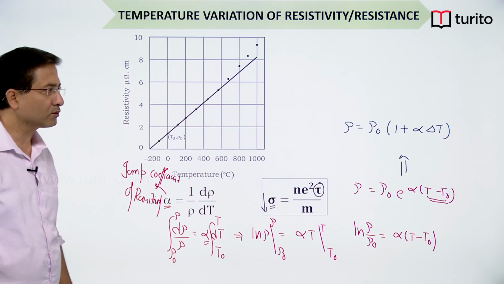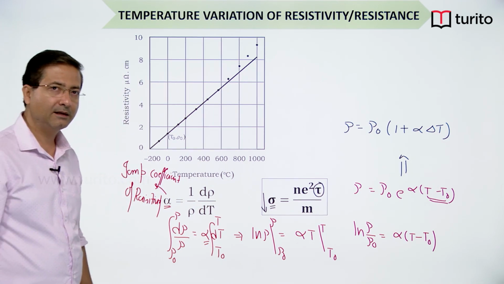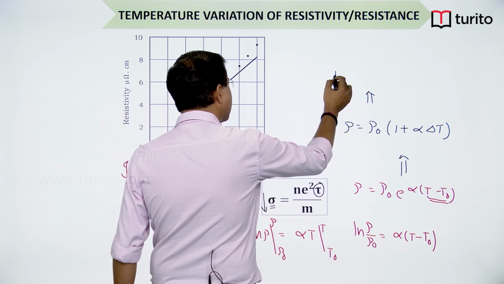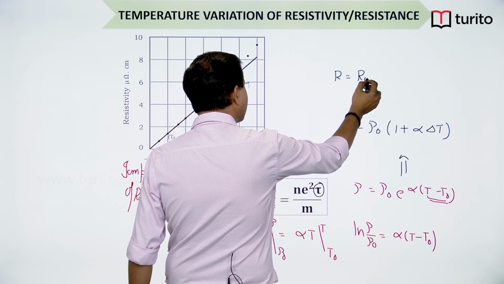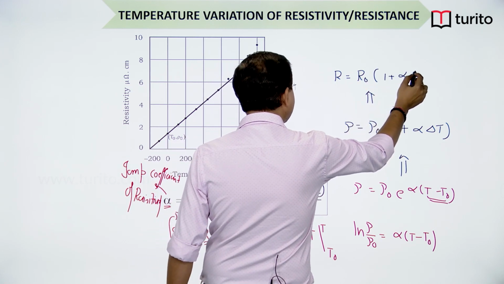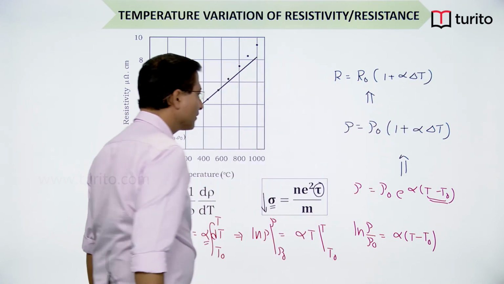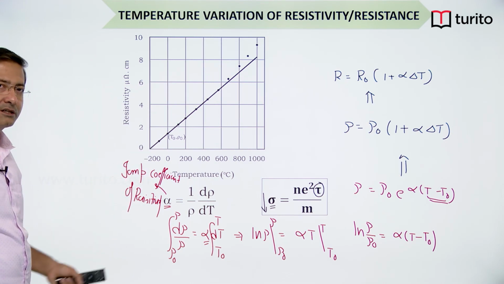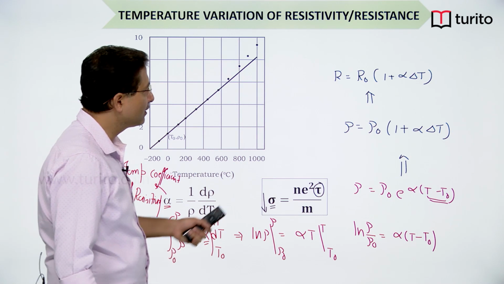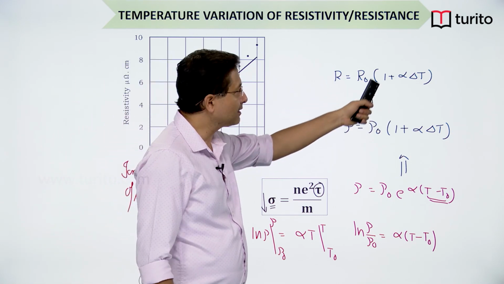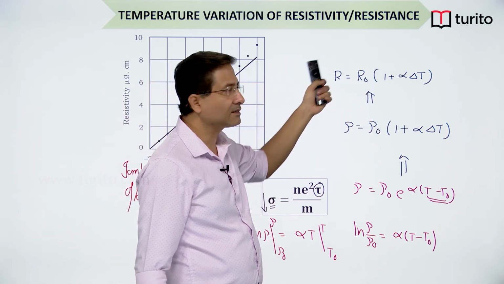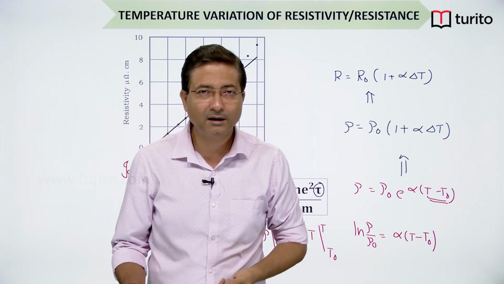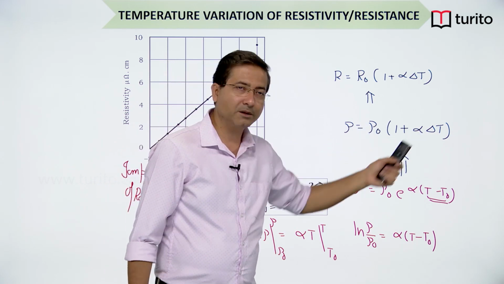If rho is equal to rho naught (1 plus alpha delta T), then R can also be written as R is equal to R naught (1 plus alpha delta T). So, the resistance of the wire varies with temperature; as temperature increases, resistance increases, and that relation is given by R is equal to R naught (1 plus alpha T). Similarly, we can write rho is equal to rho naught (1 plus alpha T).